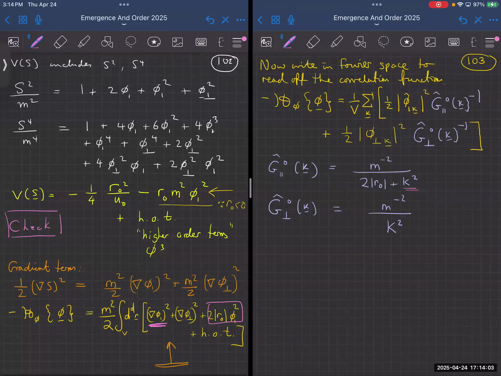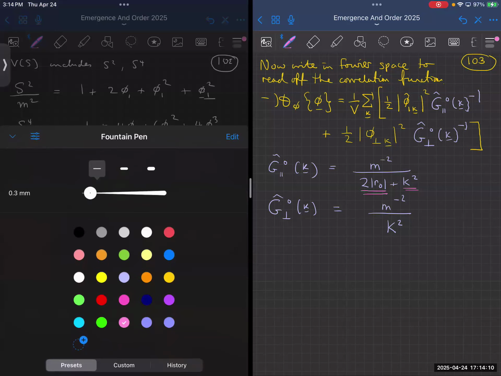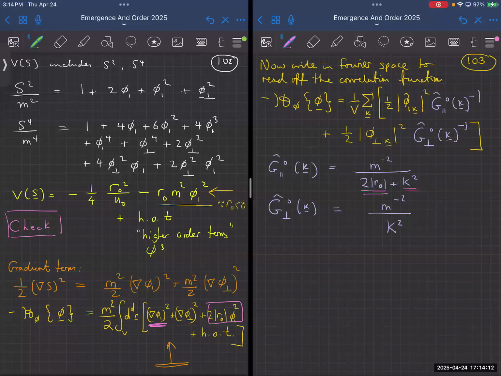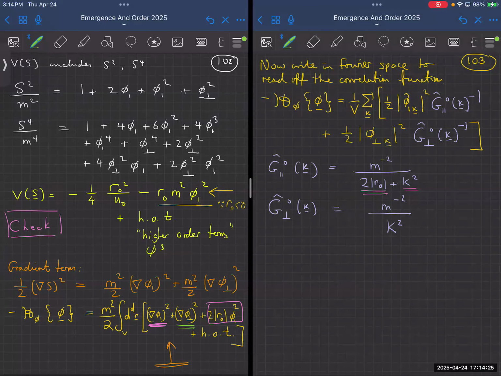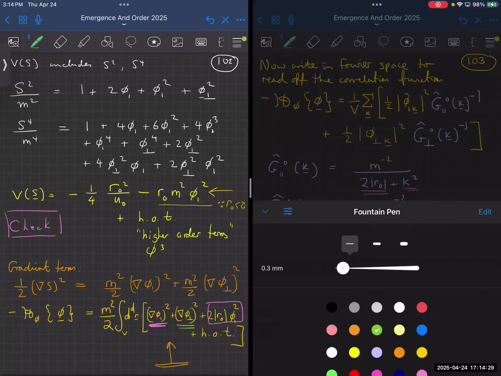That's a quadratic term, and that gives me this term over here. The only term that's left is the one involving phi perpendicular. When I take the Fourier transform of that, I get k squared, and that's where that comes from. So that's the origin of those different terms.